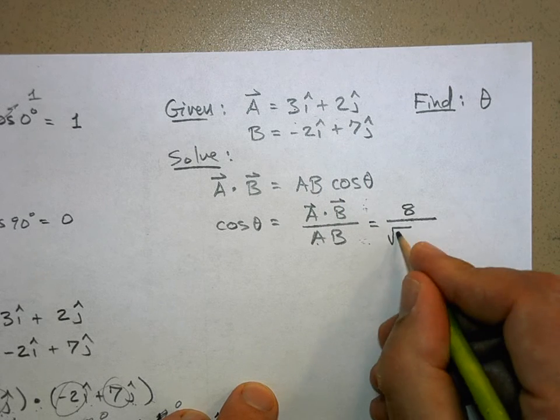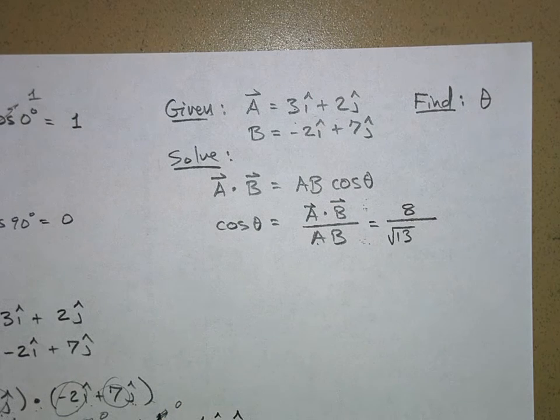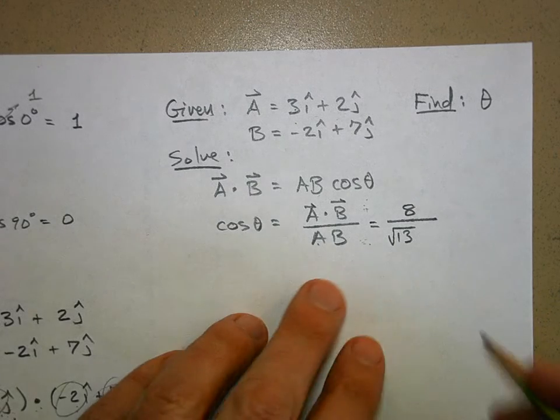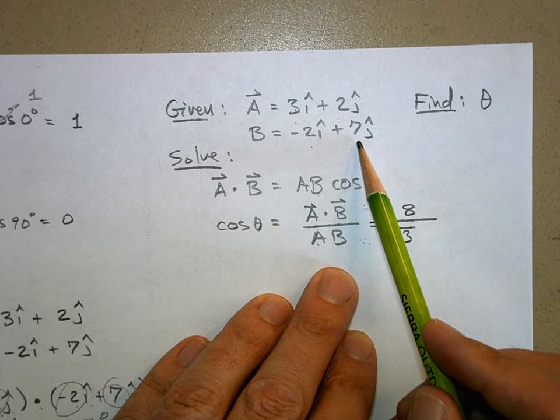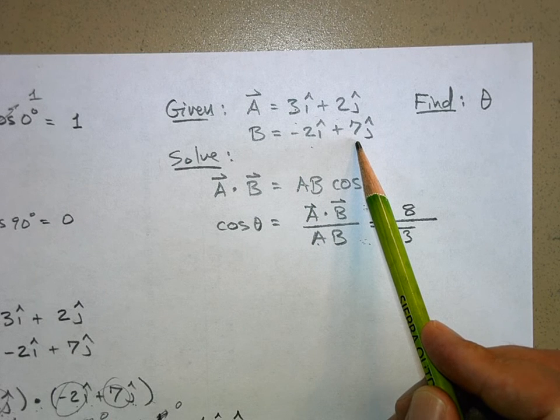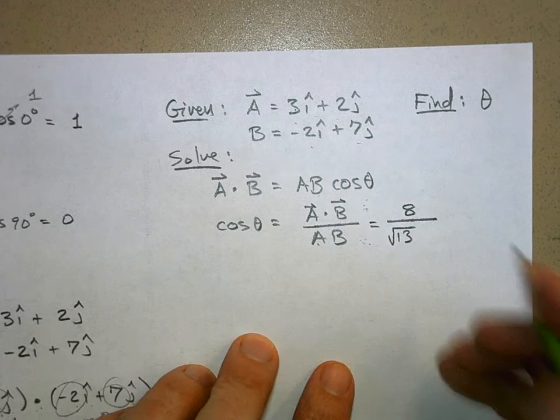It's okay to write it as root 13 here, but when you get your final answer, don't write it as an exact number. And then for B, 2 squared is 4, and 7 squared is 49. So that's 53, and this is times the square root of 53.